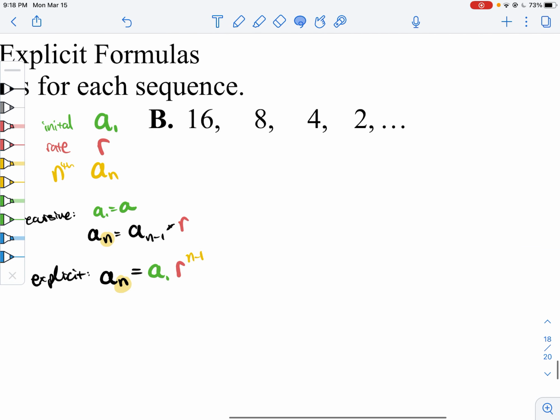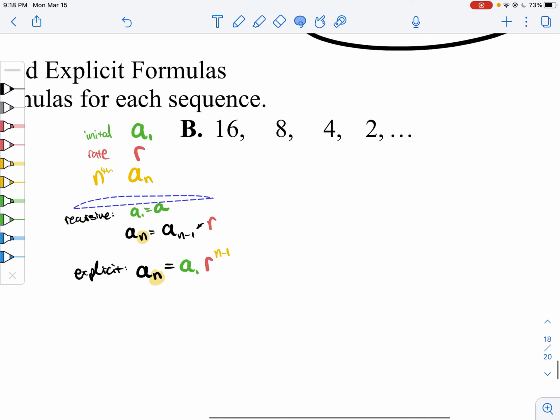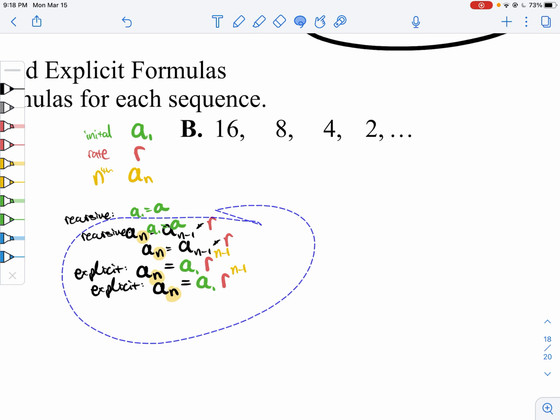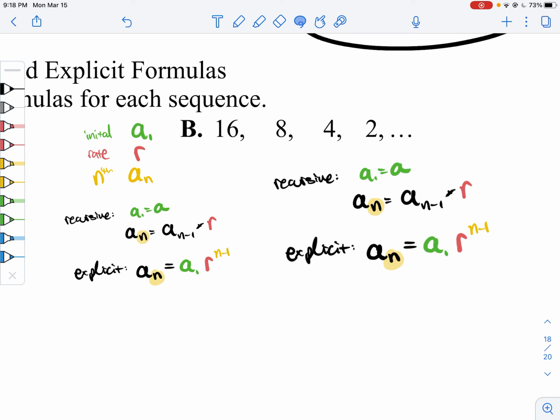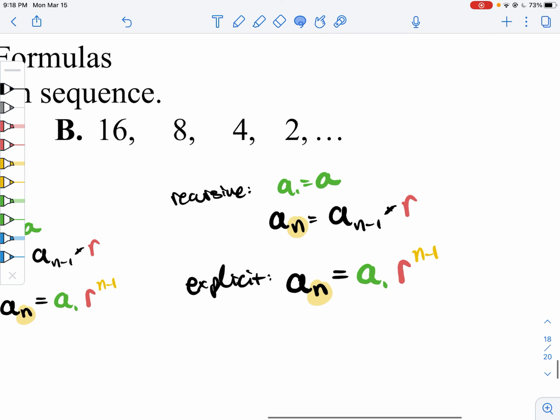Okay, let's identify. What is our first term? Our first term is 16. So a sub 1 is 16. What is our rate here?